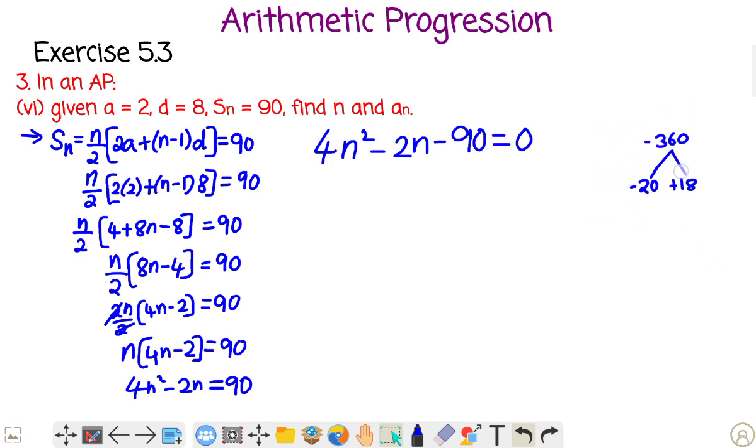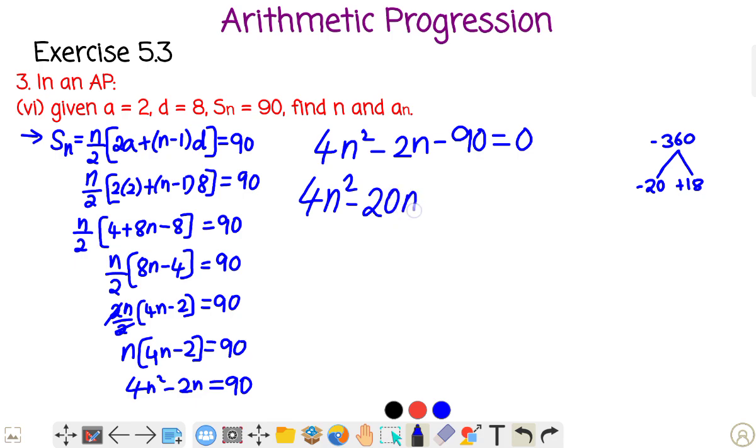So I can write these factors as 4n square minus 20n plus 18n minus 90 is equal to 0. So now here what can I take common? 4n I can take common.